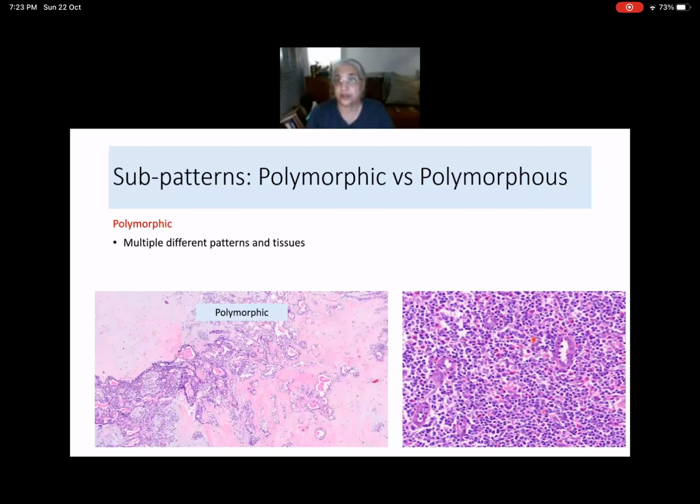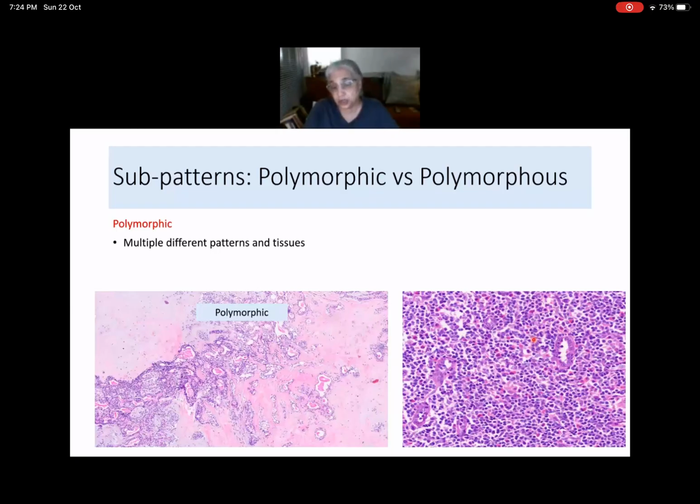You're seeing that there's cartilage, there's myxoid, there are ducts being formed, other cell types which are myoepithelial cells. You can get cartilage, you can get bone, you can get hyaline. That is truly what polymorphic means.